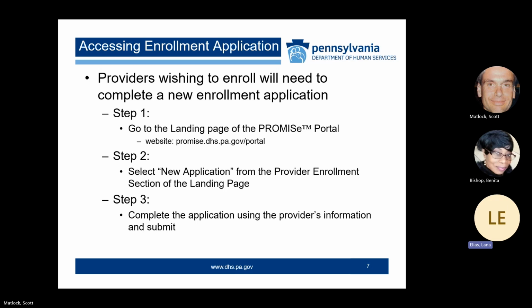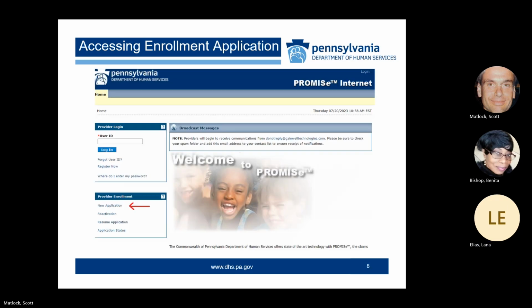Select New Application from the Provider Enrollment section of the landing page, and then complete the application with the provider's information and submit. Here is the screen that displays the landing page of the portal, the provider enrollment section there, and the arrow pointing to the new application.